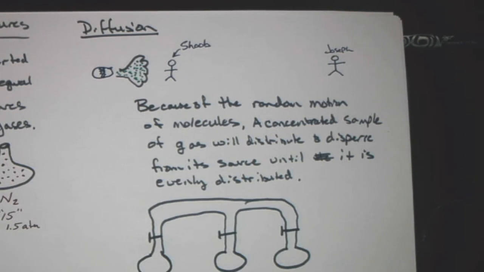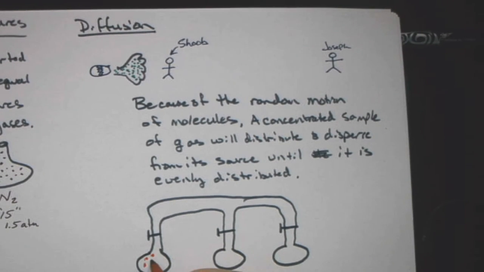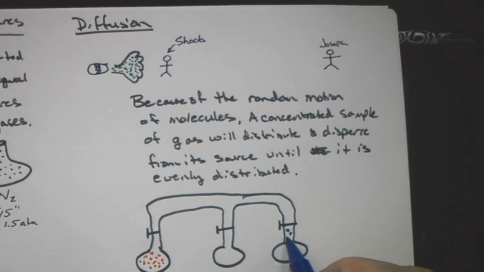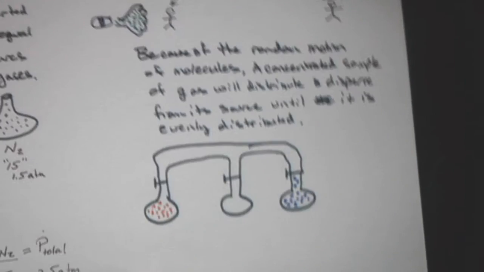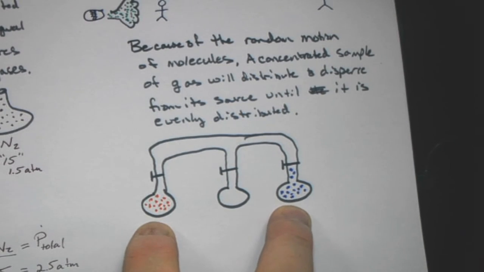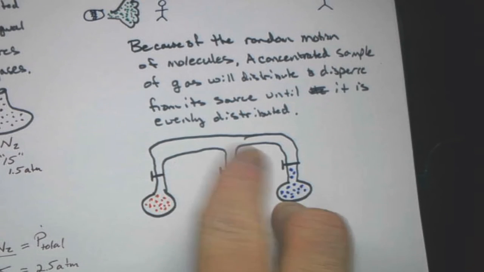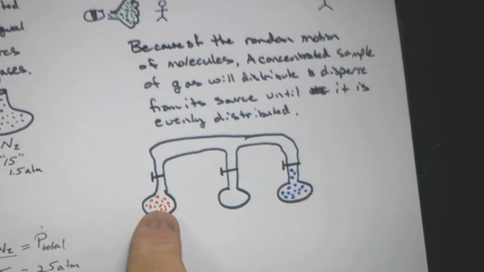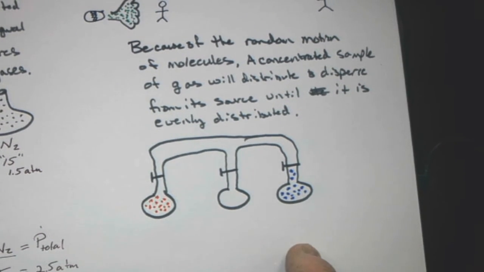Okay. Okay. These are all connected with this tube that touches all of them. Okay, we have a flask of gas here and a flask of gas here.